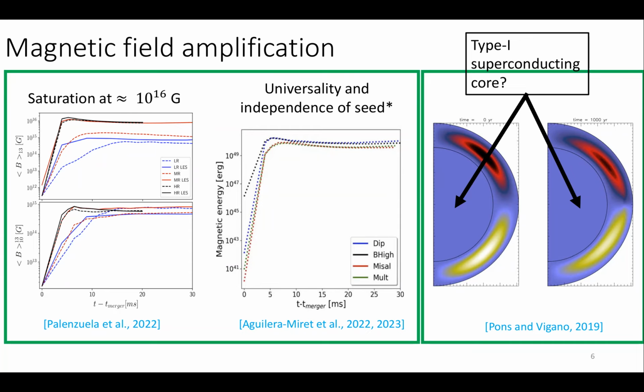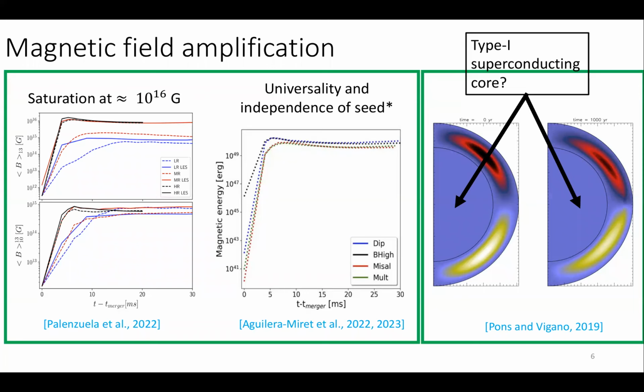And as you can see, even though you include LES terms, the average magnetic field strength does not really change a lot, which means that you are at the level where the magnetic field strength is backreacting, and you saturate this amplification process happening due to the Kelvin-Helmholtz instability.